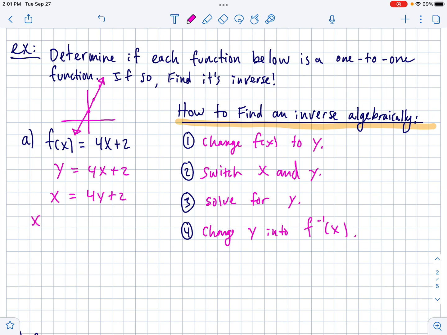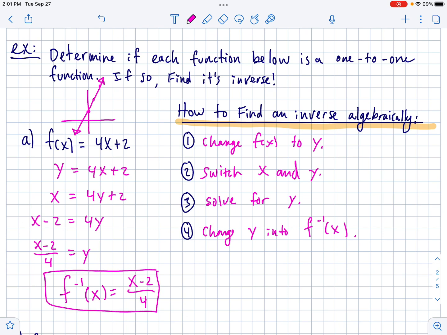Then get y by itself. We subtract 2 from both sides, divide by 4, and then change it into inverse notation. So f to the negative 1 of x, the inverse of f, is x minus 2 all over 4. That's it. Swap the x and the y, get the y by itself.